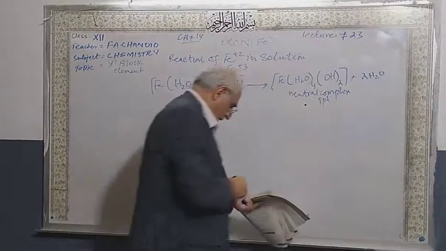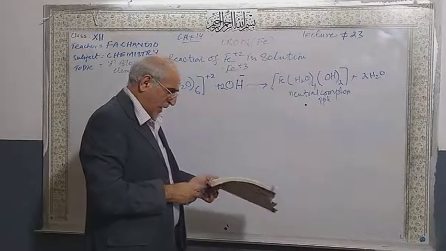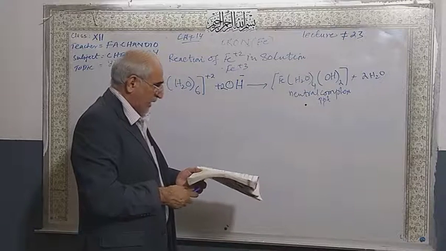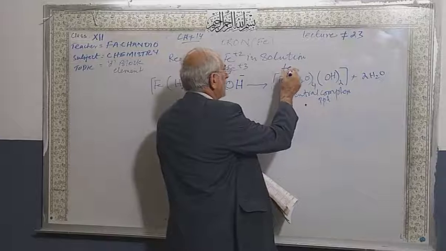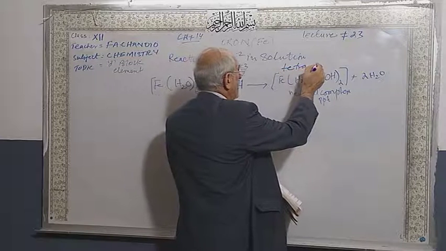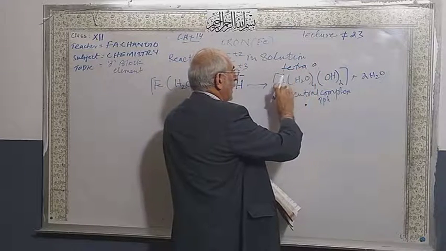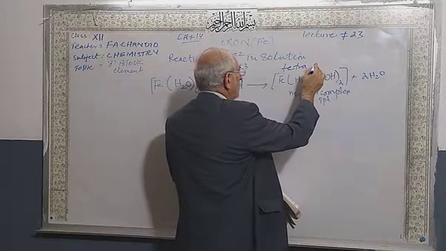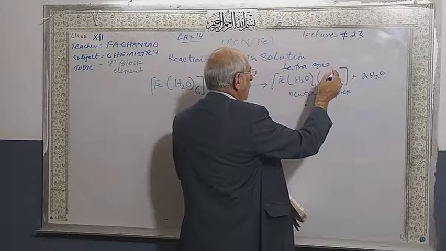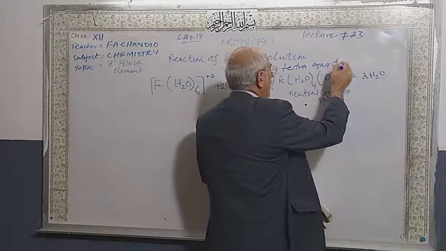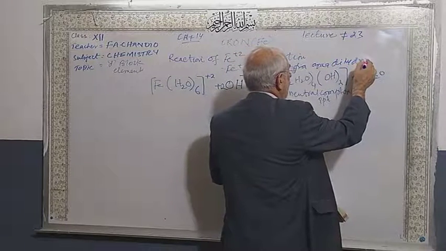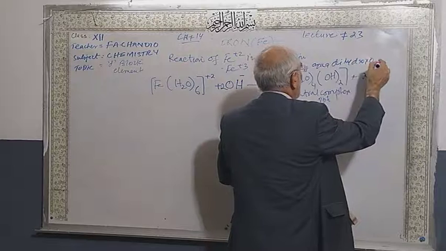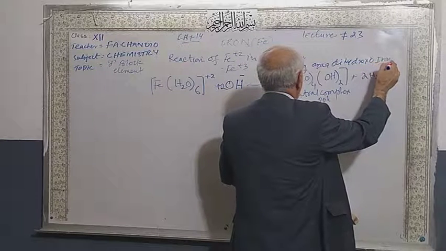Now according to the rules of nomenclature, the name of this is tetra, alphabetically tetra aqua, dihydroxo iron.